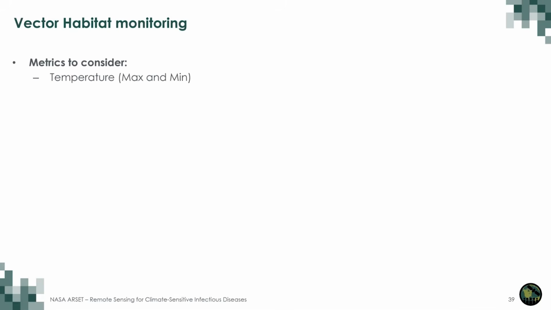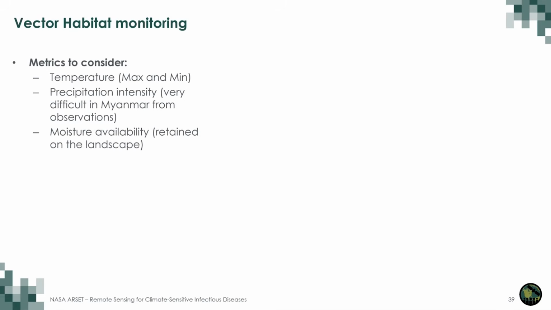Well, we know that populations are very much controlled by temperatures, both maximum and minimum temperature. So we probably need daily max and min temperature. Precipitation intensity is important, but it's very difficult in Myanmar from observations. So that's a consideration for later.